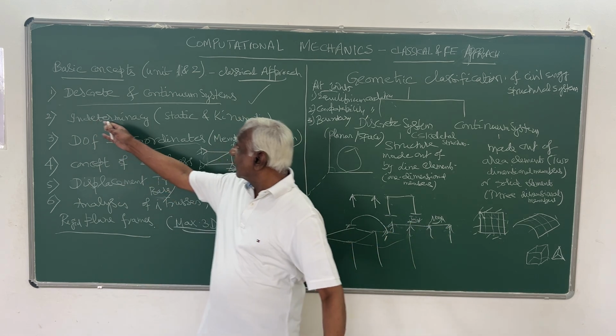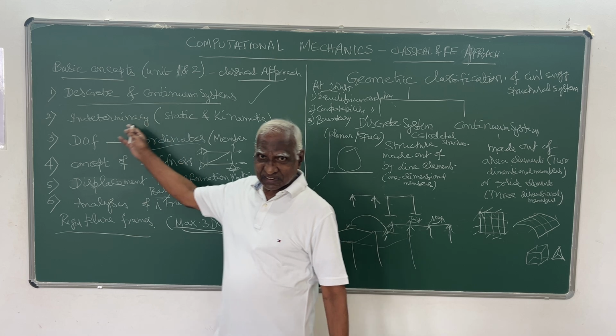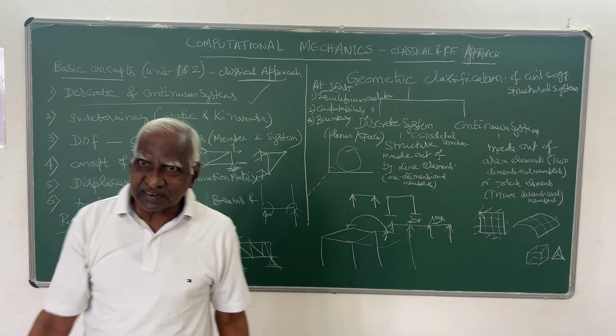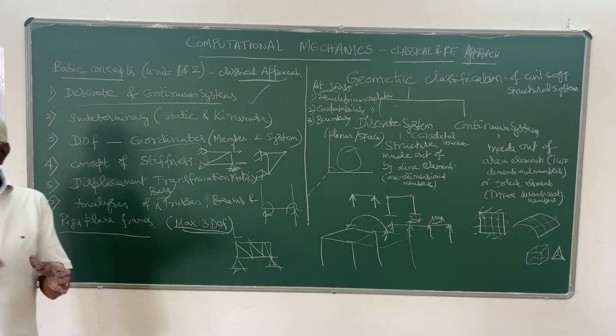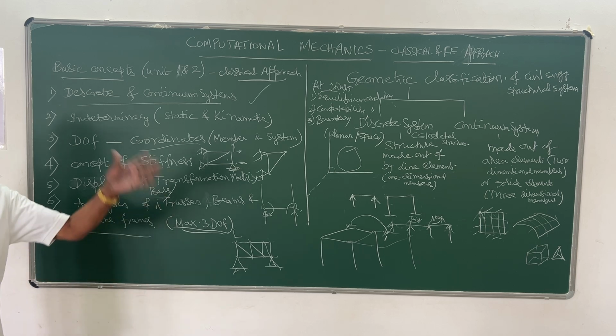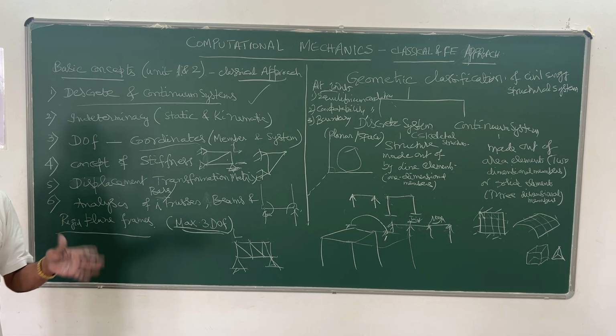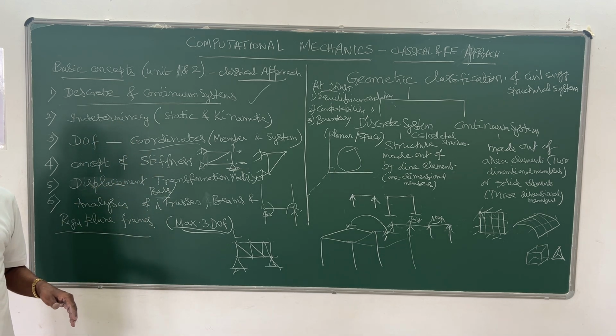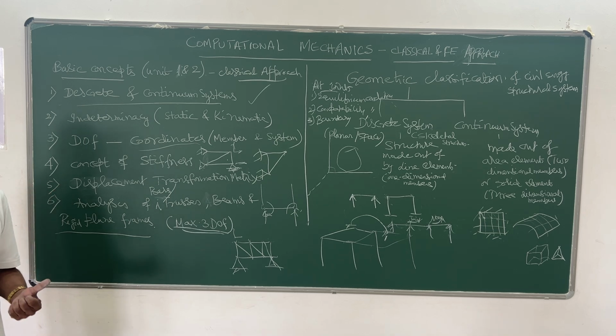That is your indeterminacy of the structure, because analysis of structure means evaluation of support reactions, that is boundary reactions, as well as internal member end forces and displacements. 3 things to be determined.